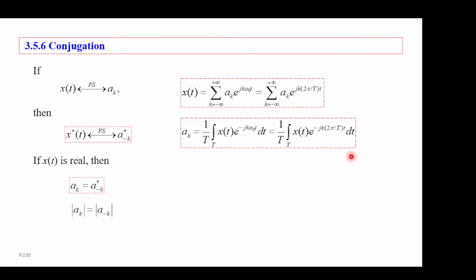And the derivation is, once again, you plug in the formula. When x of t is real, we have a_k equal to a minus k star. Remember, we have derived this before. So we say x of t is real, and a_k should equal a minus k star, or a minus k should equal a_k star.